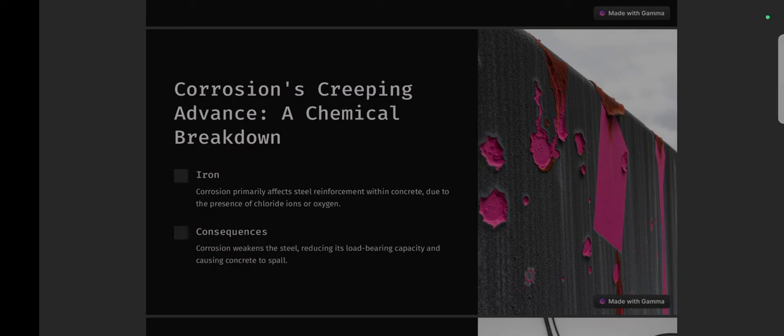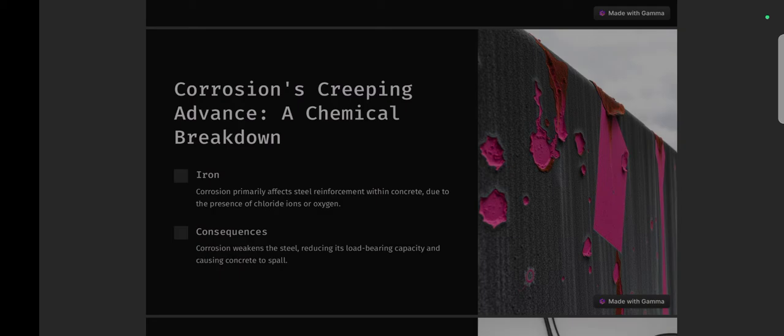Corrosion of iron primarily affects steel reinforcement within concrete due to the presence of chloride ions or oxygen. Iron plays a crucial role in concrete as it is commonly used in the form of steel reinforcement rebar to enhance the tensile strength of concrete.